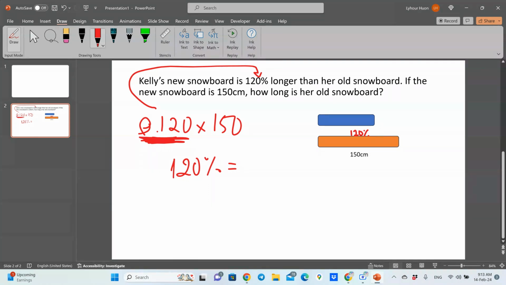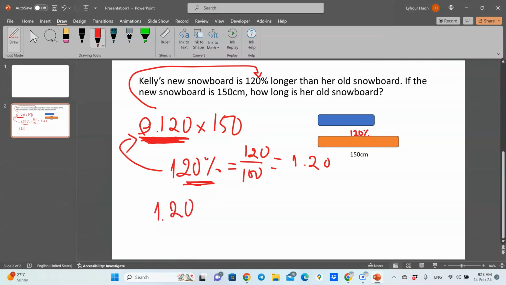So percent, we know that the percent is the fraction over 100. It's part of 100. So it should be 120 divided by 100, which is 1.20. This is the conversion from percent to decimal, so it should not be 0 point, it should be 1.20.